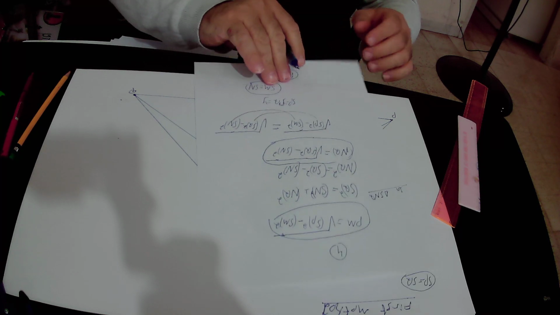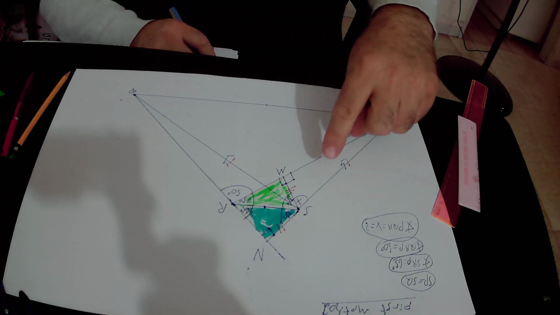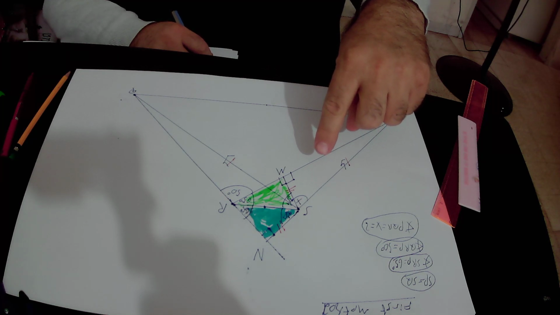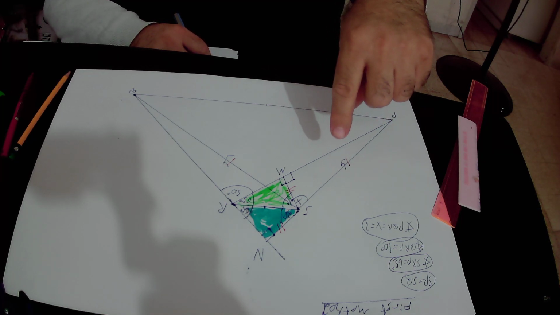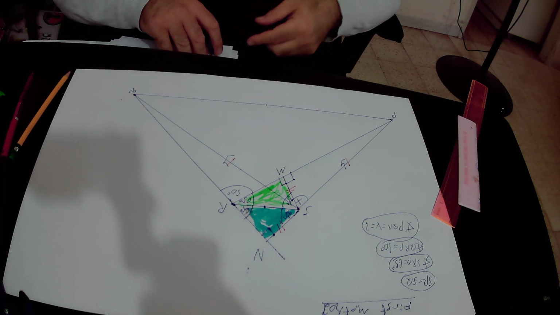So we actually proved that all three sides of the right triangle SMP are correspondingly equal to all three sides of the right triangle SNQ.